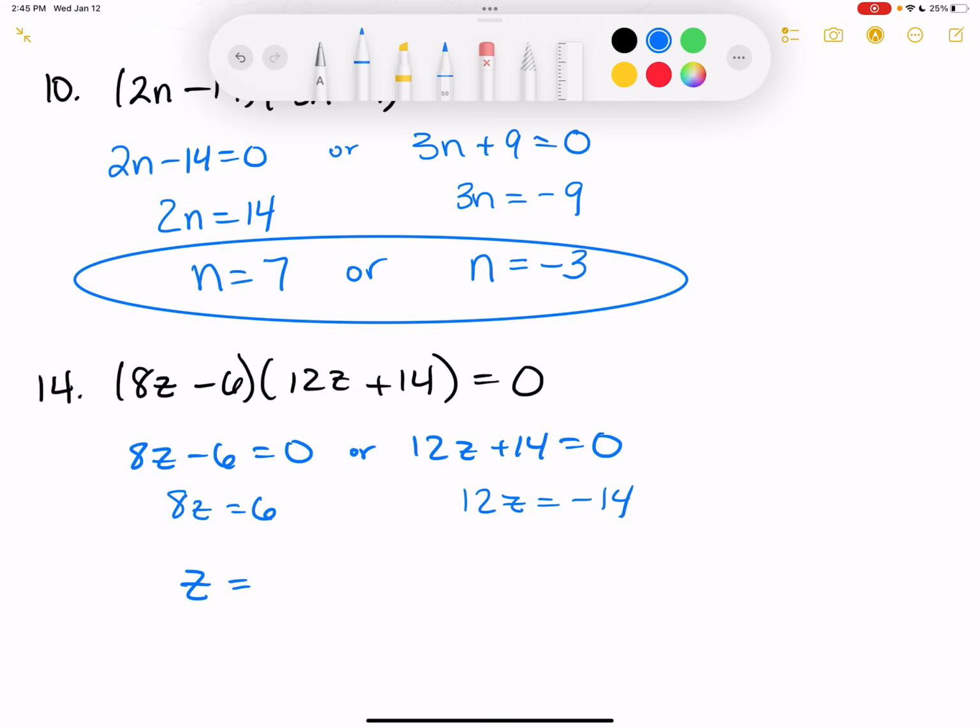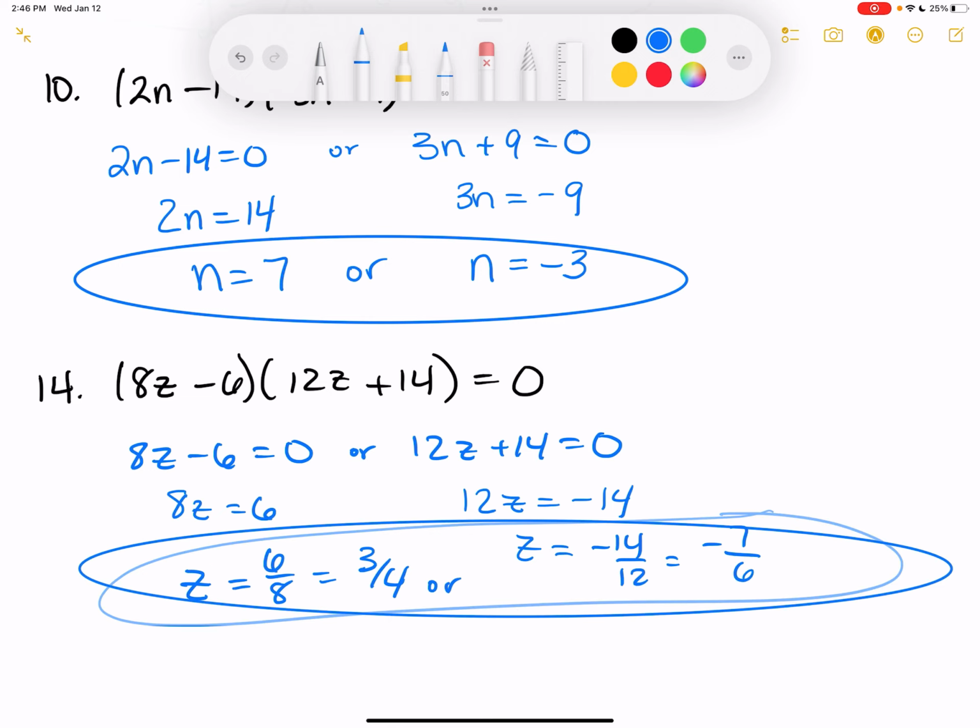I forgot about the 6 divided by 8, you can take a 2 out of both, so that's going to give you 3/4. Or over here, divide by 12. You take a 2 out of both, so you had negative 14 over 12, which is negative 7 over 6.